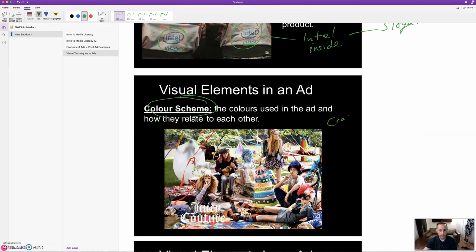I think of words like crazy, chaos, vibrant, maybe youthful, maybe fun, maybe rainbow. It's not really one dominant color. Is anybody in this ad dressed the same as anybody else? No, so maybe unique style, everything together.